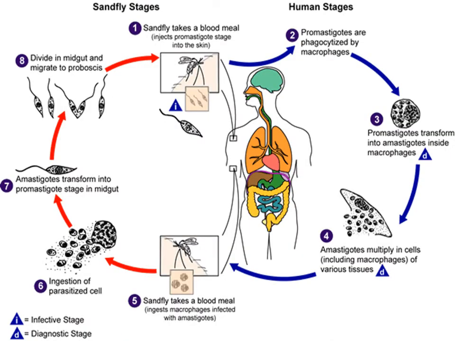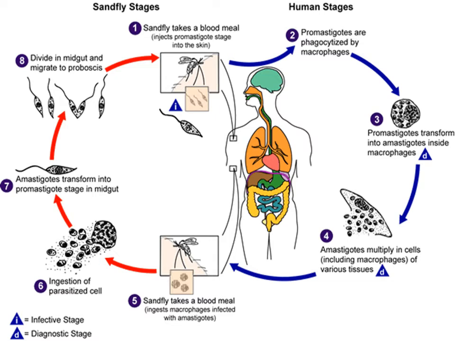So this is the same life cycle as in the case of Leishmania donovani. The sandfly takes the blood meal and injects the promastigote into the skin, and in stage 2 the promastigotes are phagocytosed by the macrophages of the human skin, where they are transformed into the amastigote form.